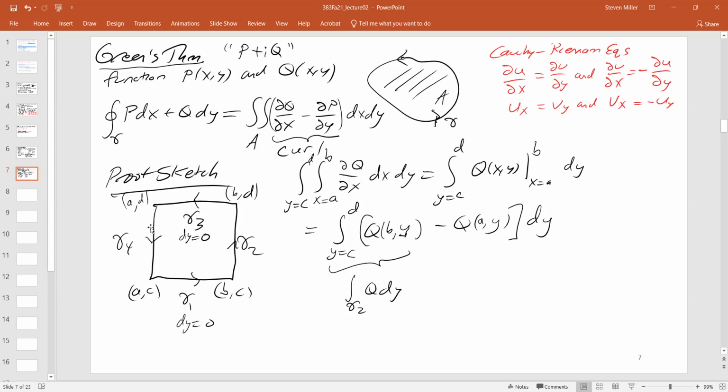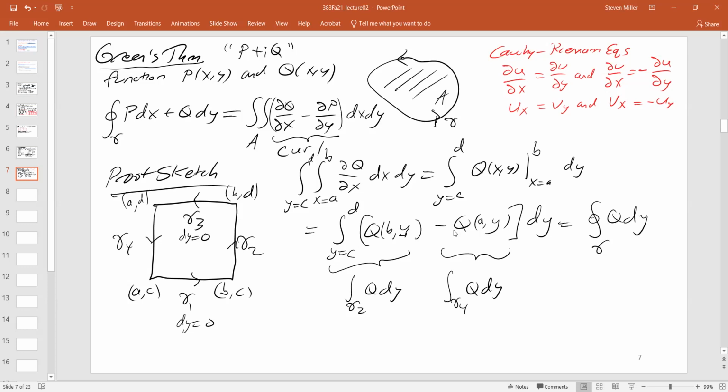And on this piece, normally I would integrate from AC up to AD, right? I'm going from AC up to AD. If I want to go in the other direction, it costs me a minus sign. Beautiful, I've got a minus sign right here, and so that's going to cancel. And we get that this is going to be the integral over gamma 4 of q dy. So this whole thing is just the integral over gamma of q dy.